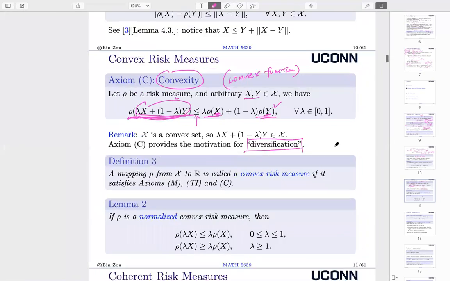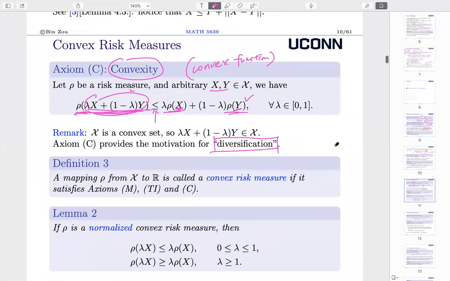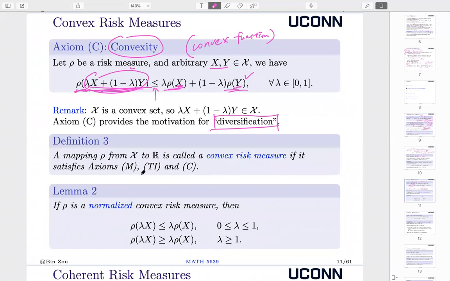A risk measure is a convex risk measure if it satisfies three axioms: monotonicity, translation invariance, and convexity. Okay, if rho is normalized, if rho of X equals zero, we have this nice property. Some people call these nice properties.